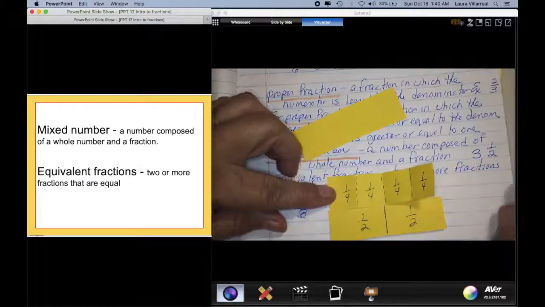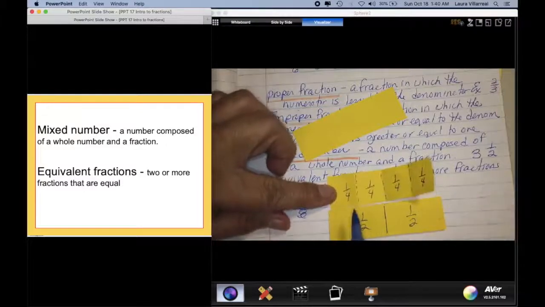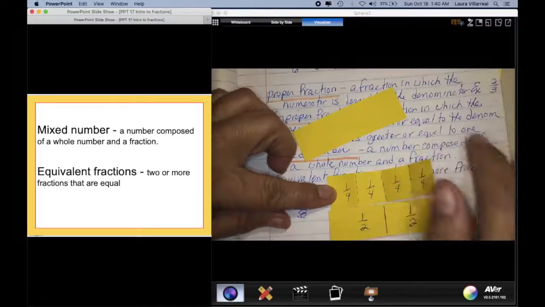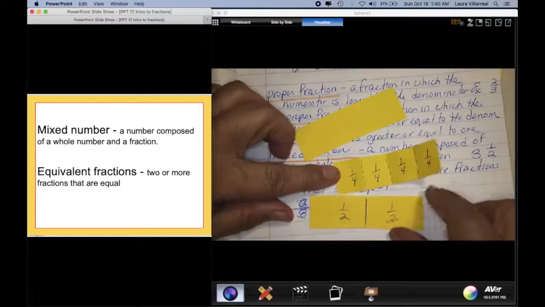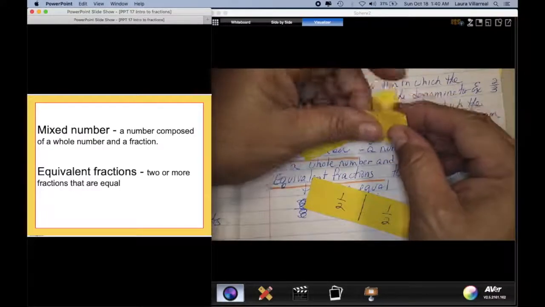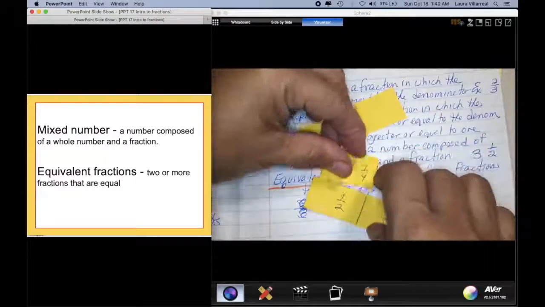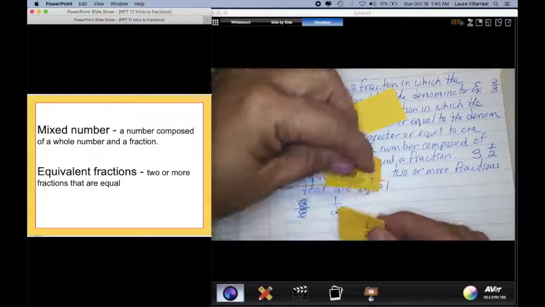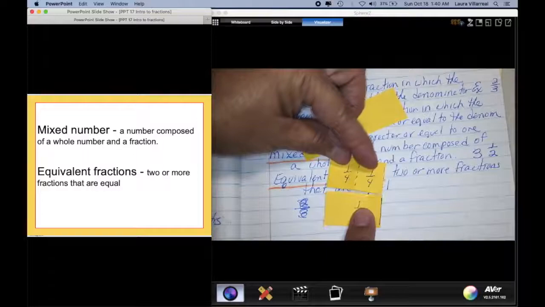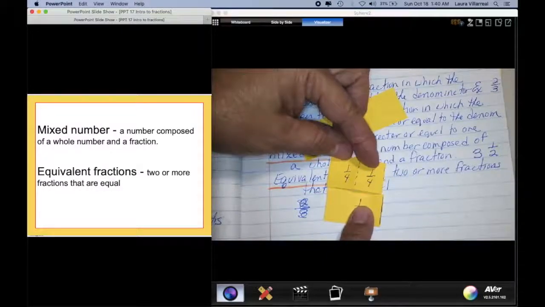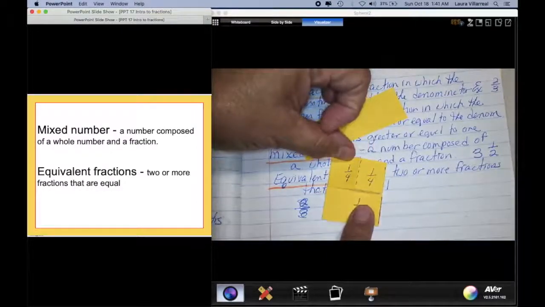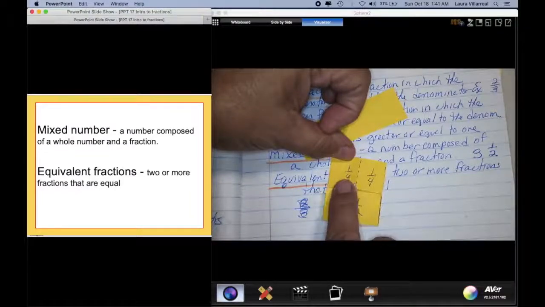If I want to find equivalent fractions and I'm using a fraction strip, they have to be the same length. So if I'm looking for what would be equivalent to 1/2, they have to be the same length. And so I would have a set of fraction strips for my students to work with. So 1/2 is equal to 2/4.